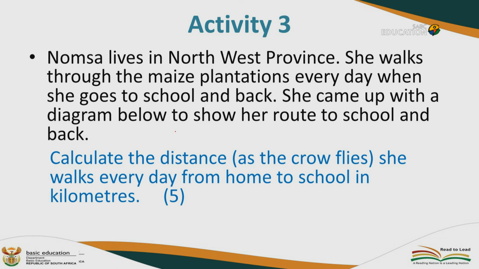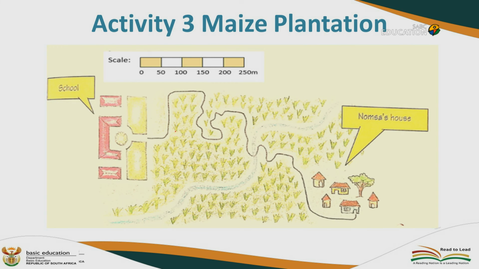The question was saying, calculate the distance as the crow flies. Remember, as the crow flies means our distance on a straight line that she walks every day from home to school in kilometers. So now let us go and check our home. We have Nomsa's house, we have Nomsa's school.